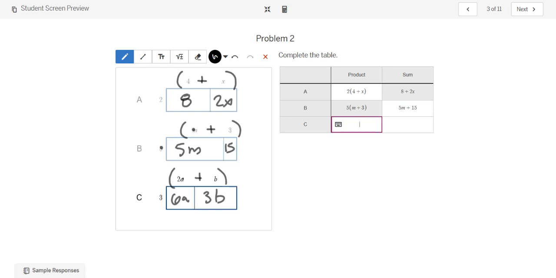This one here is 3 times the sum of 2a plus b, which is 6a plus 3b.